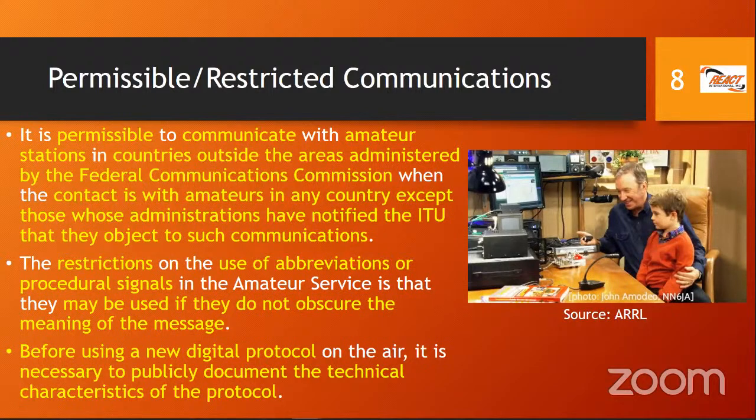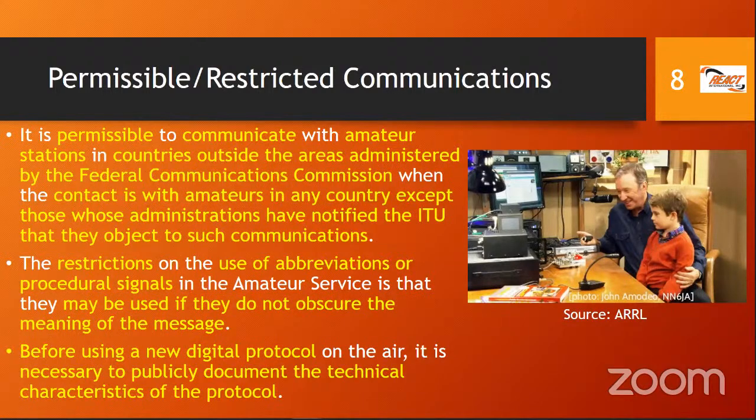And for those digital modes like FT8 and JT65 and all the other modes, RTTY, that we encountered before, when those protocols are developed, it must be publicly available what those digital signals mean. There must not be any secret or confidentiality as to what it means.